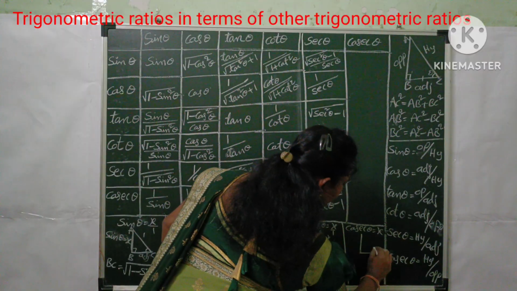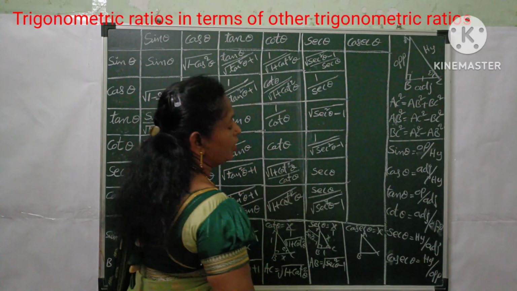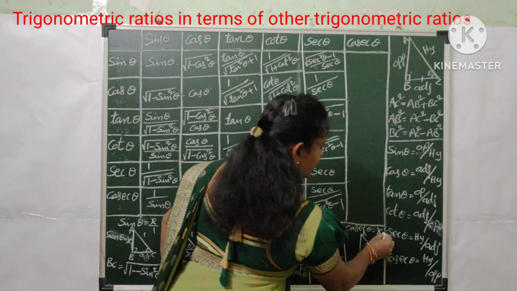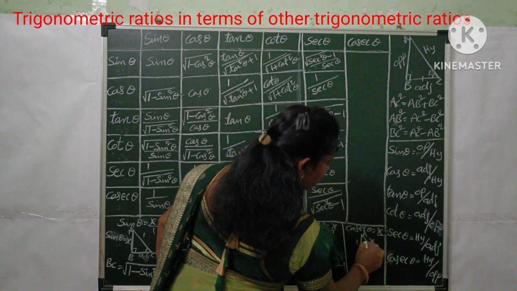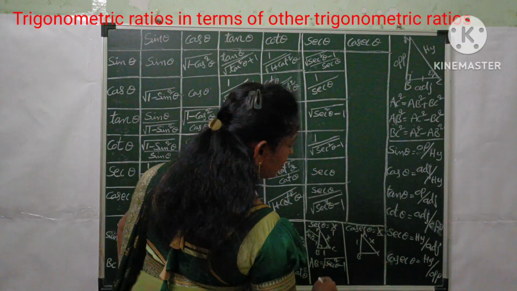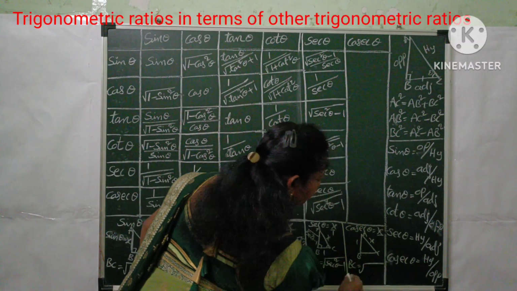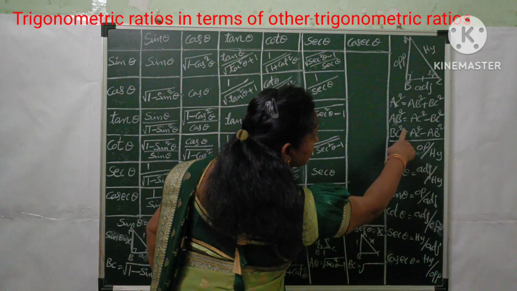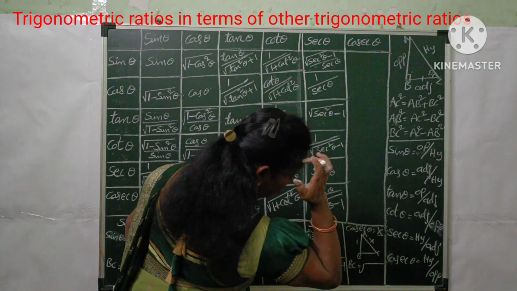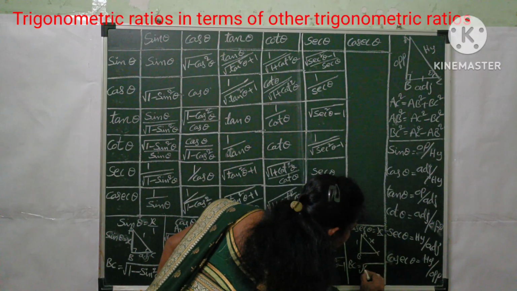So now write right angle A, B, C. Here cosecant ratio is hypotenuse by opposite. Here it is hypotenuse, here 1. We need to find BC. So BC equal to square root of AC squared minus AB squared. Yes or no? AC is x. X means cosecant theta.